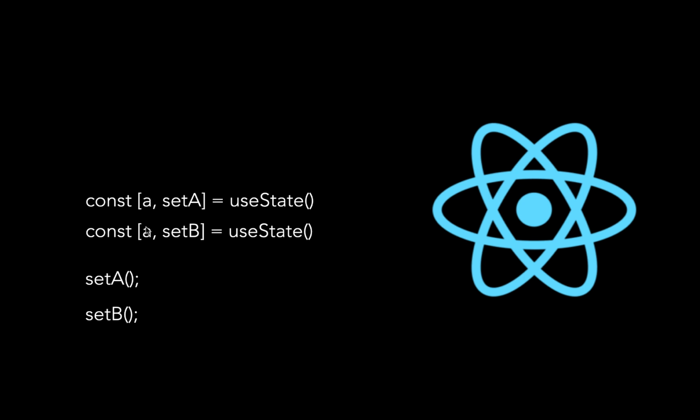Now, what happens is when you call set A, this is an async event, which means it's going to re-render the page, and then you call set B. So there's extra redundancy here. So if you have this kind of scenario where A and B go together, create one variable for them, right? That makes sense. So I can update both in the same statement, called set AB or something like that.